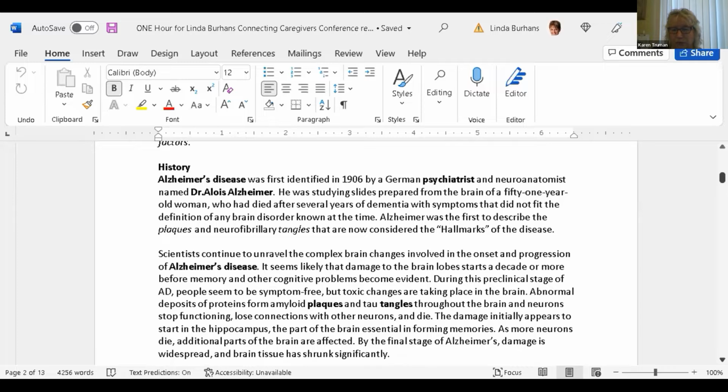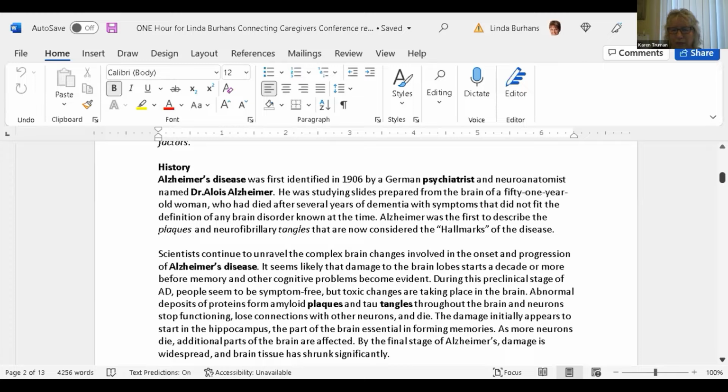Now, remember, this is the early 1900s. When she passed away after she refused care, she had pneumonia, she was full of bed sores and everything. When she passed away, he asked her family's permission to autopsy her brain.